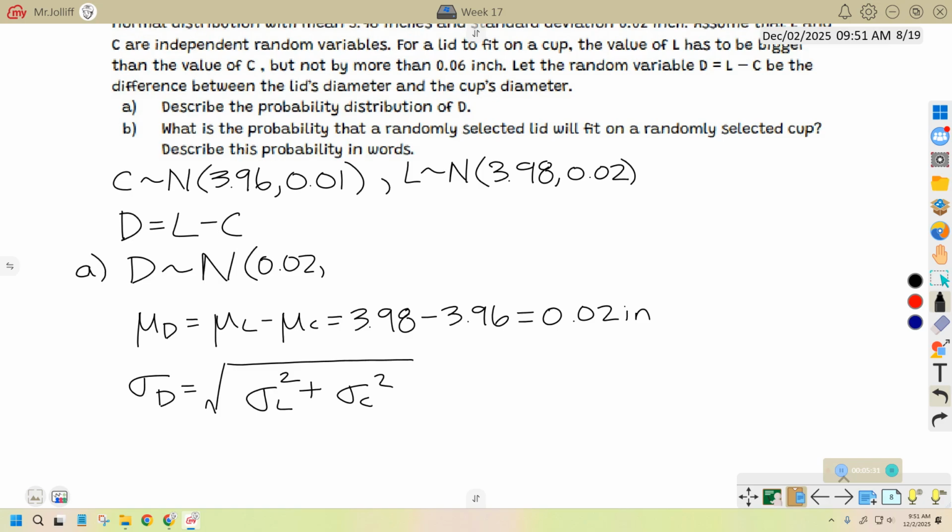You can remember that as just plug and chug. Trick is remembering that. You combine random variables, square root of the sum of the squares. So square root of 0.02 squared plus 0.01 squared. And that I cannot do in my head. I get 0.022.